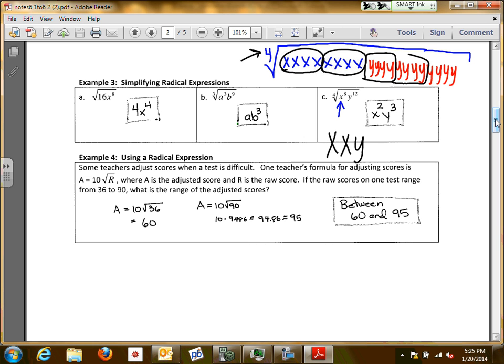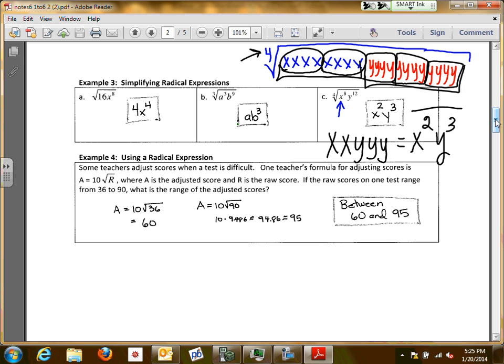These 4 y's come out as a y. And these 4 y's come out as a y. So I have got 2 groups of 4 x's. That comes from the 8 x's. And then I have got 3 groups of the 4 y's.